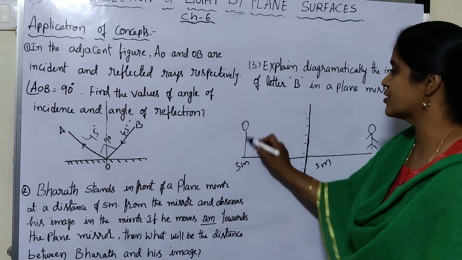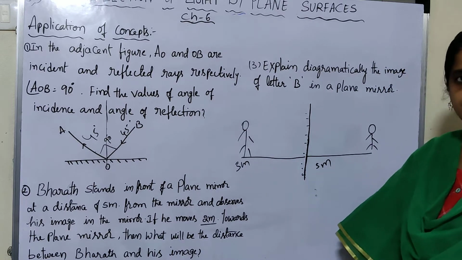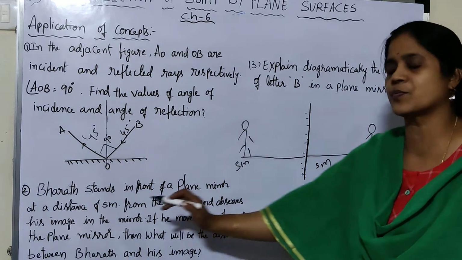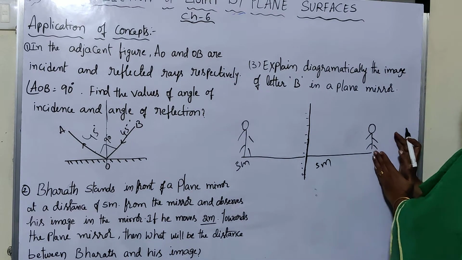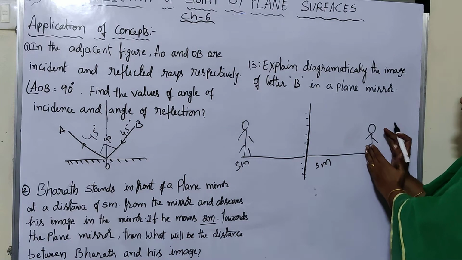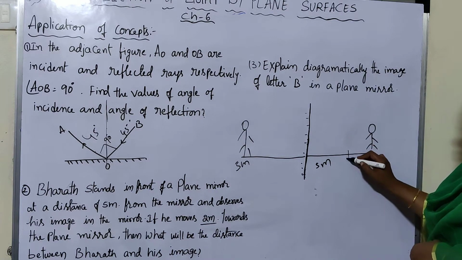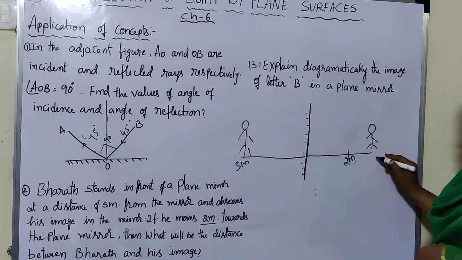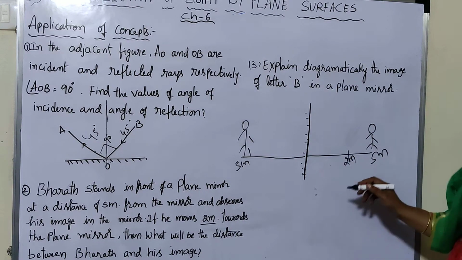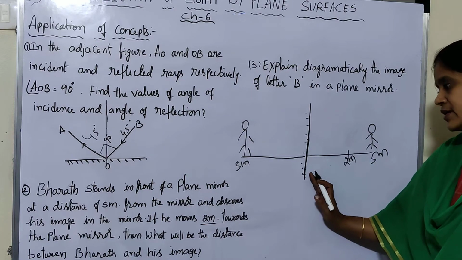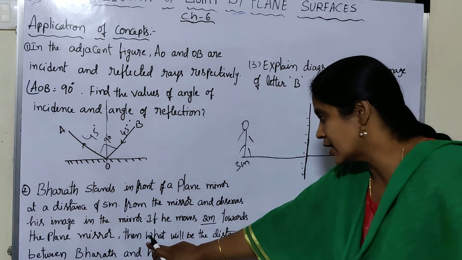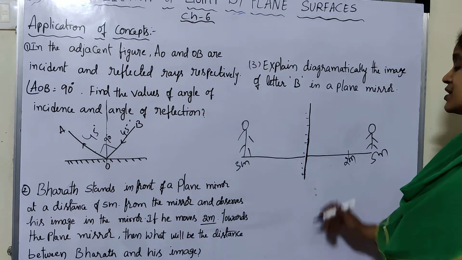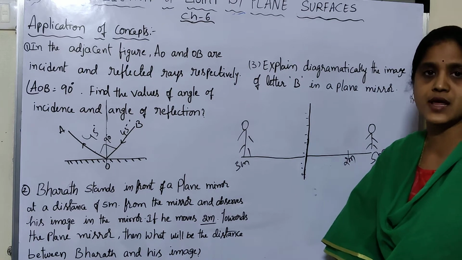If he moves 2 meters towards the plane mirror, from this position of 5 meters, then what will be the distance between Bharat and his image? Means where does he get the image?